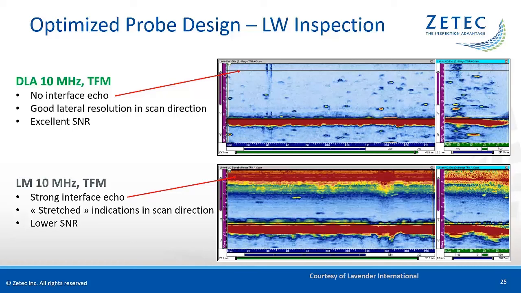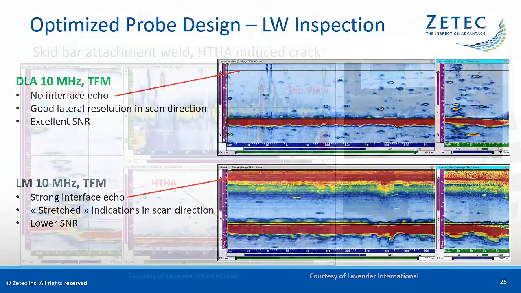First of all, this design eliminates the strong interface echo that can mask important indications when using the generic pulse echo probe design. Second, the excellent signal-to-noise ratio of the DLA probe allows to detect more and smaller indications. And finally, the better lateral resolution in the passive plane improves the imaging capability of these small indications.